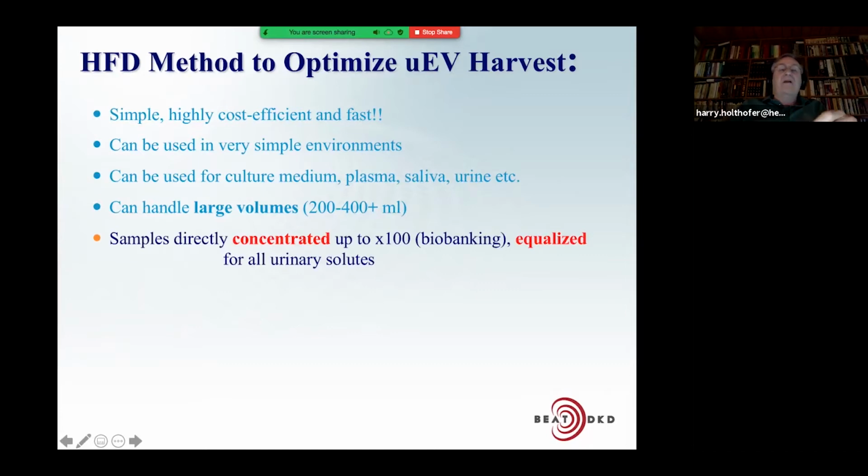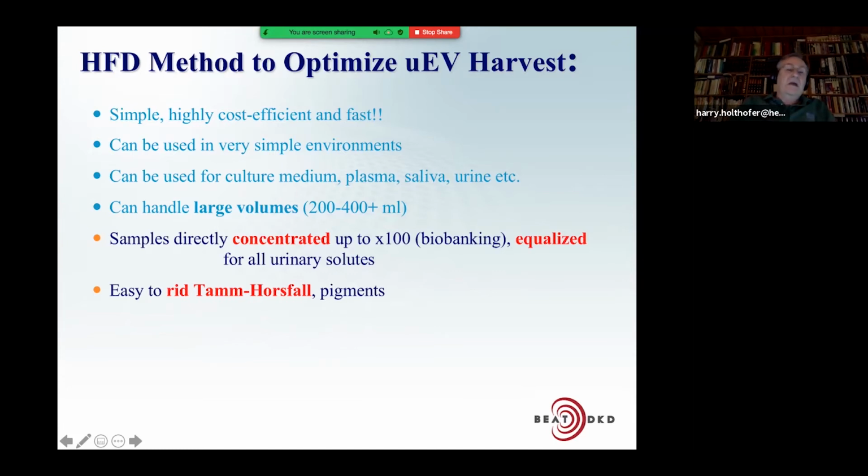Of course, samples are directly concentrated up to 100 times and it equalizes all the urinary solutes. It also is easy to get rid of Tamm-Horsfall and other contaminating proteins, as well as pigments, which those of us who are working on RNA know are really the killers of the downstream assays.